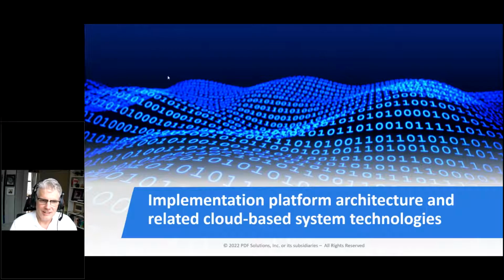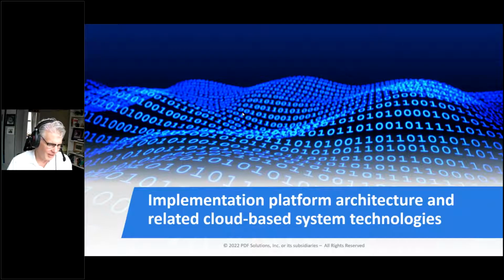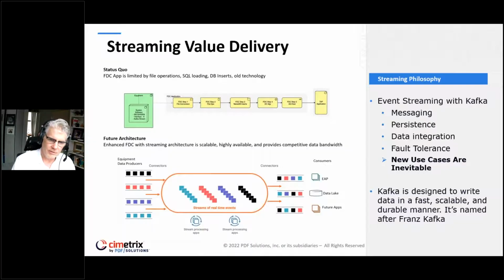Okay, I'm going to take off from what Alan said. The next slide on architecture. This is a very high level view showing the status quo in many fabs and what the future might look like. So I thought it would be good to start with this real world example where the status quo is we've got an application, it happens to be an FDC app, and it's limited by the data pipeline.